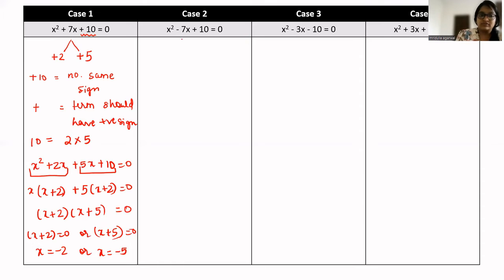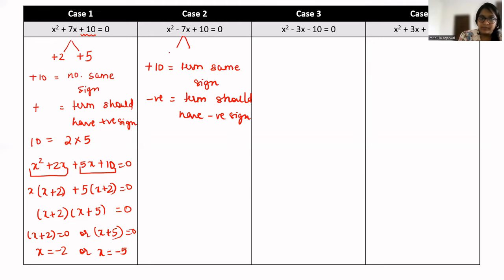Now we'll look at this next equation. Similarly, again I have a positive 10. That means the terms should have the same sign. Now the middle term has a negative sign. If the terms have the same sign, you have to add them, so the terms should have negative sign.